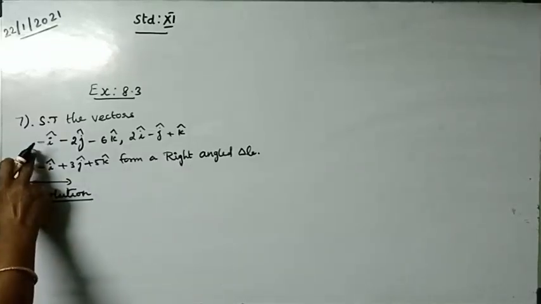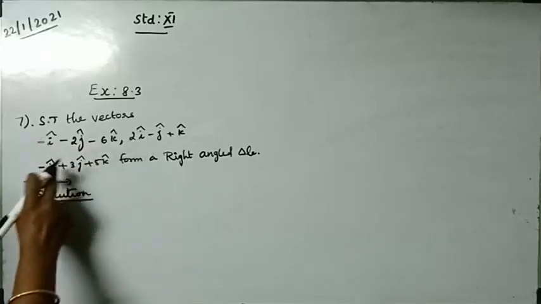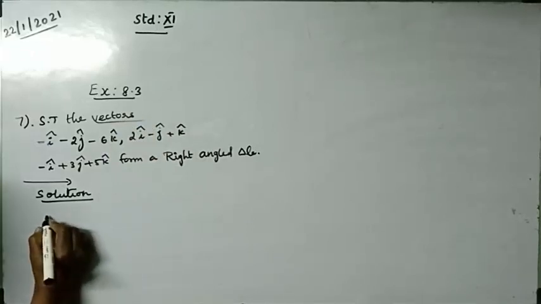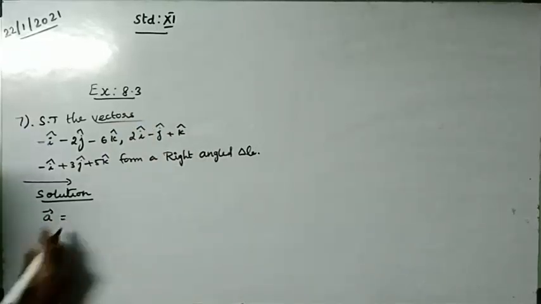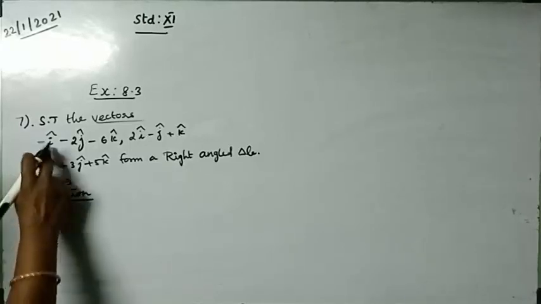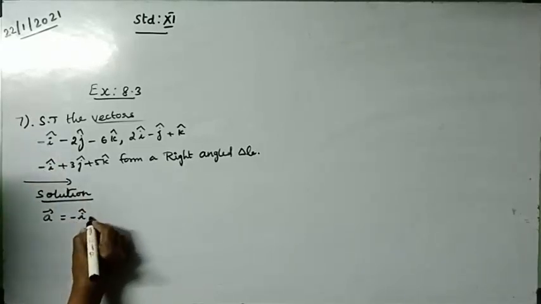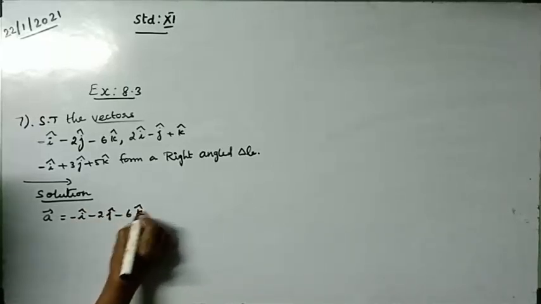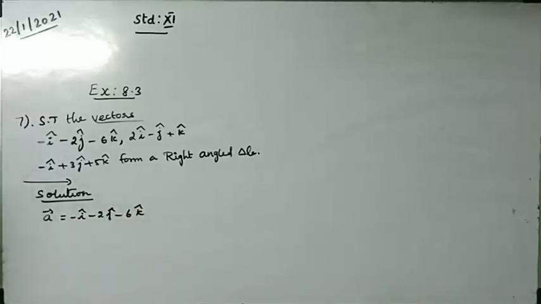Here you need not take this as OA vector, OB vector, OC vector எடுத்து and then AB, BC, நம்ம அந்த 8.2ல செஞ்ச மாதிரி தேவையில்லை. Because it is given as vectors. Straight away you can take A vector, OA எடுத்து அப்புறம் find out பண்ண தேவையில்லை. Straight A vector எடுத்துக்கலாம். So it is minus i cap minus 2j cap minus 6k cap. இப்போ Pythagoras theorem use பண்ணனும்.